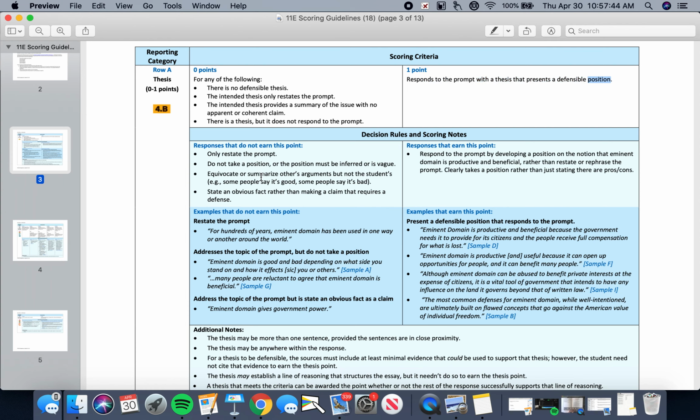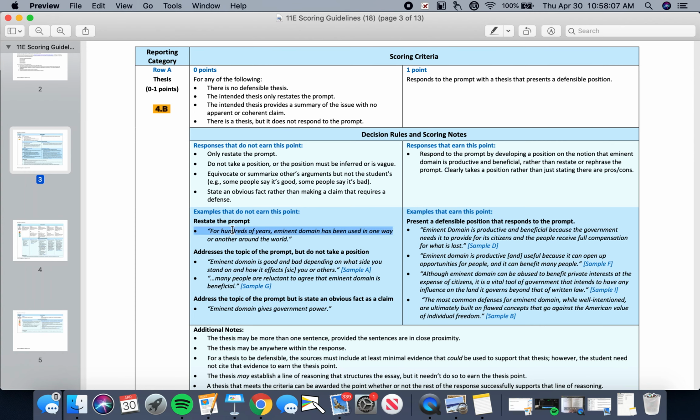For example, I've got some thesis statements here that take a stand on the productivity and beneficiality of eminent domain. I've got some that take a stand against it. But all of those defensible positions here on the right that earned the point take a stand on eminent domain.